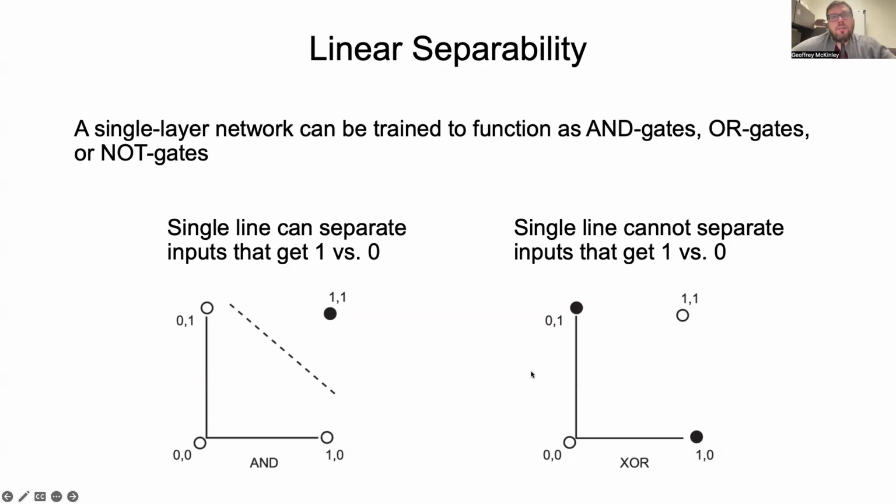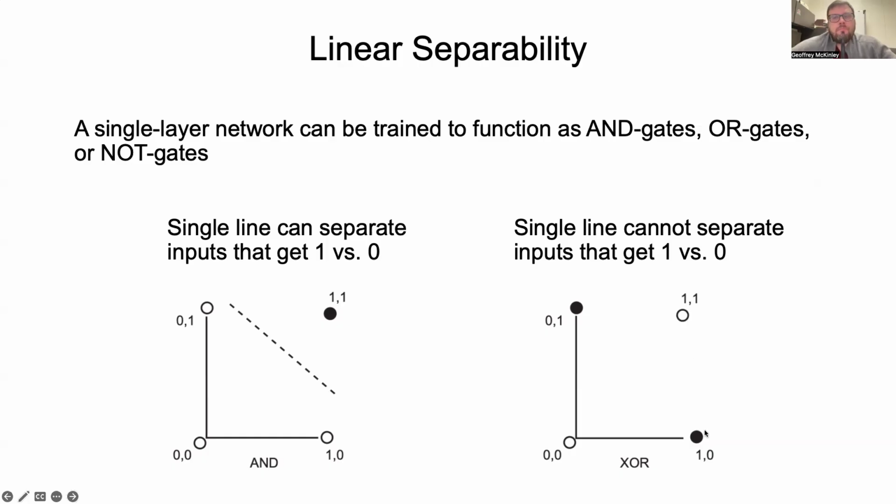However, you can't do that for an XOR function. For an XOR function, of course, for 0, 0 the function is false. And when they're both true, the function is also going to be false.